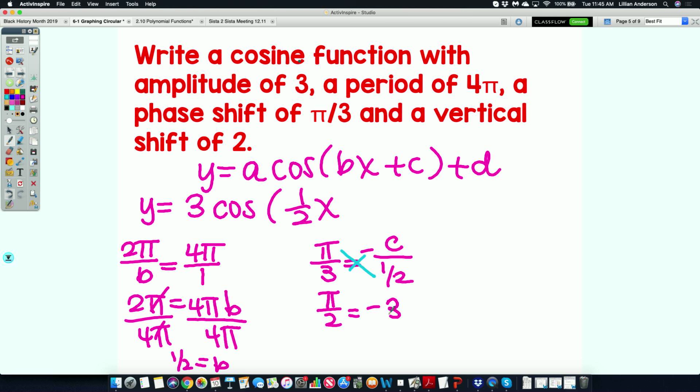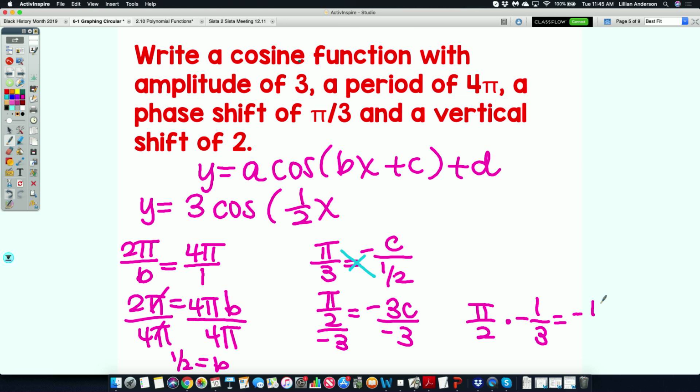Negative 3c. How do I solve for c? Okay. So I'm still going to have to do what? Keep, change, flip. Keep, change that division to multiplication, and then flip -3. What is -3 flipped? 1/3. And how do I multiply fractions?